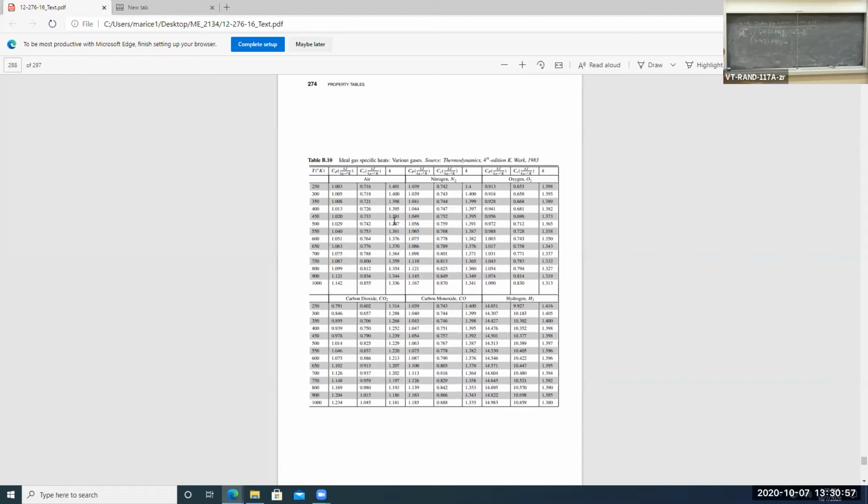Let's see, we get the ratio of temperatures, T2 over T1 is equal to the ratio of the final to the initial specific volume. And then in the exponent, we have 1 minus k, all right?